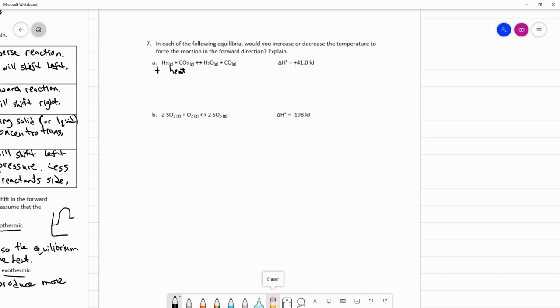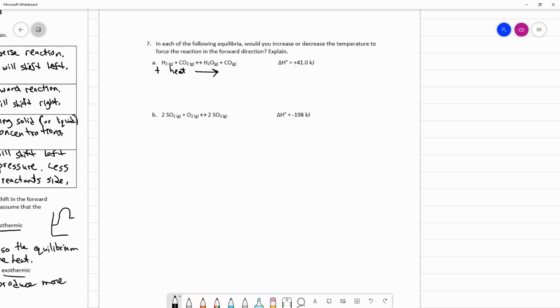So if we increase or decrease the temperature, we're going to change the position of the equilibrium. So in order to push this reaction in the forward direction, which is to the right, we would want to add more heat.